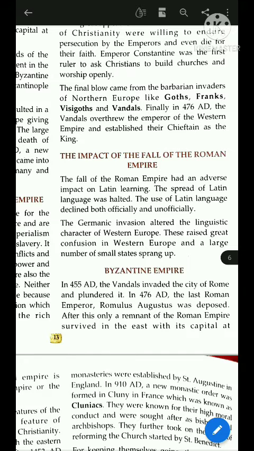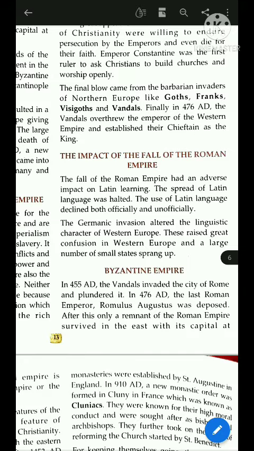The Germanic invasion altered the linguistic character of Western Europe. Linguistic means language related, and altered means changed. So the invasion by the Germans changed the language related character of Western Europe.